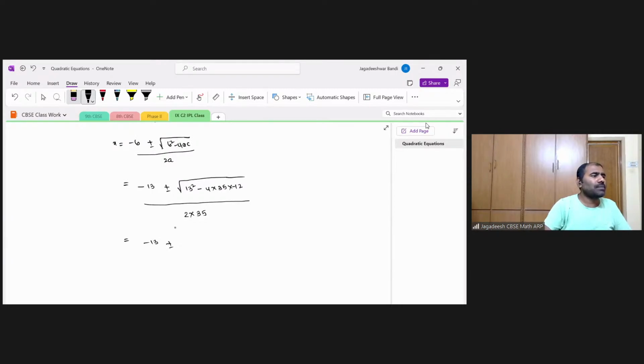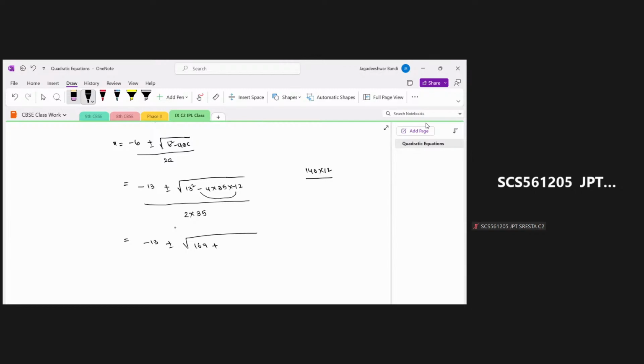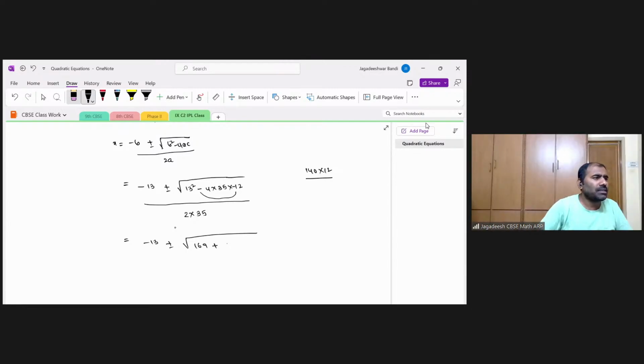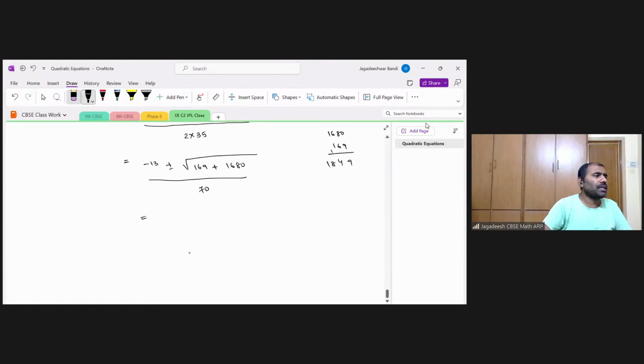Minus 13 plus or minus square root of 13 square, which is 169, and minus into minus plus, 4 into 35 is 140, so 140 into 12 is 1680. 1680 divided by 70. Let us add 1680 plus 169, which is 1849. So minus 13 plus or minus square root of 1849 by 70.